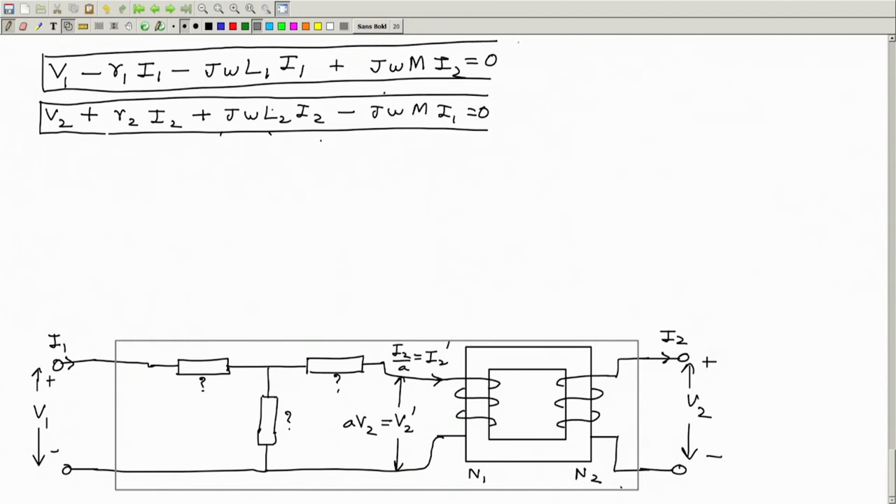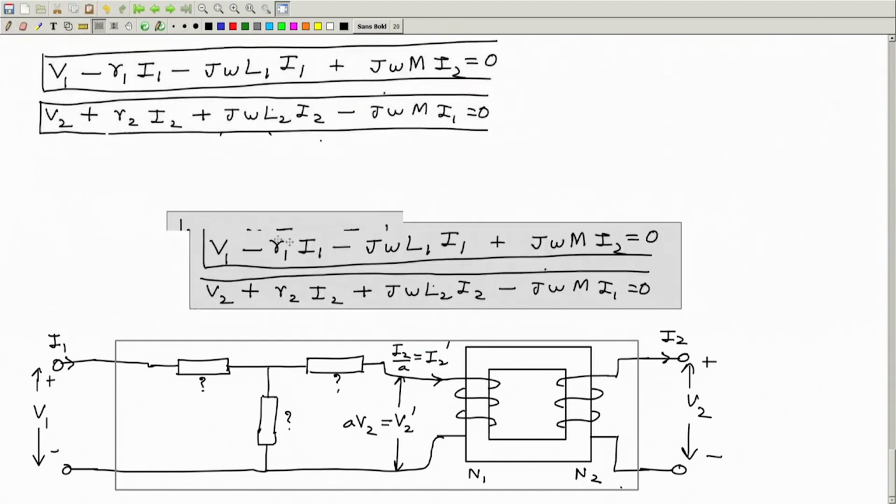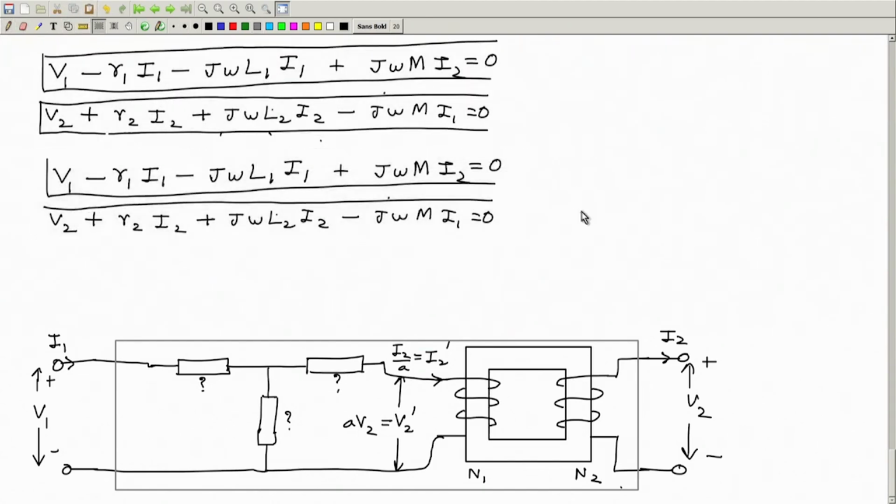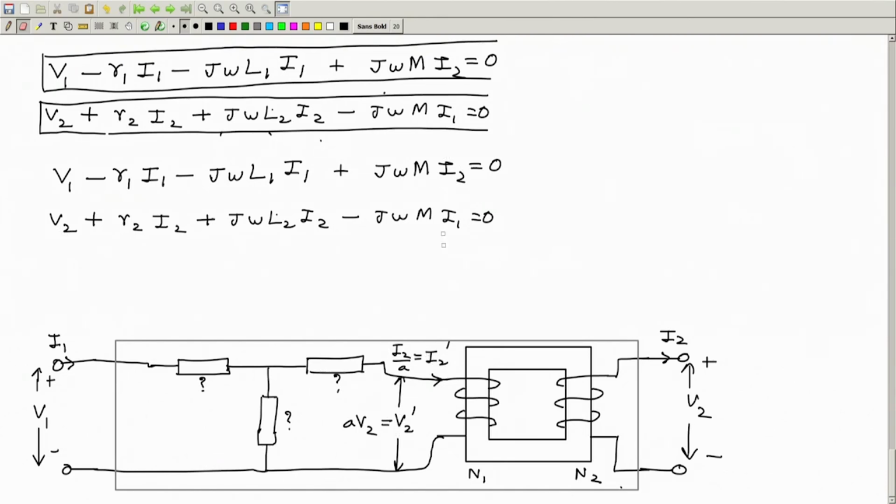How so? I will put the values of I2 and V2 in terms of I2 prime and V2 prime in these two equations.